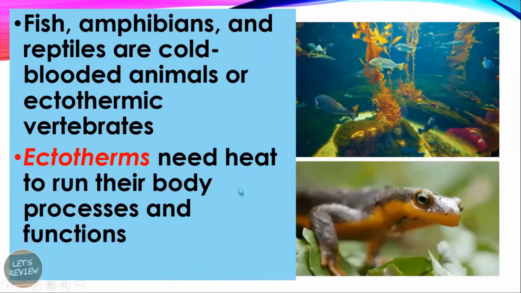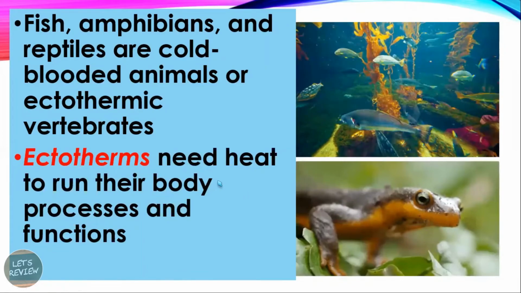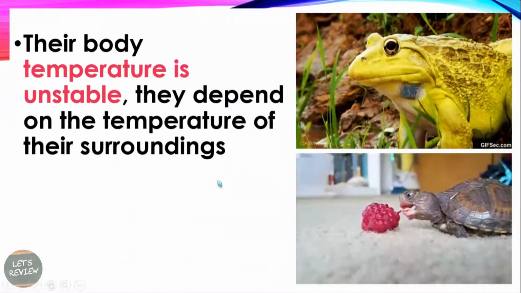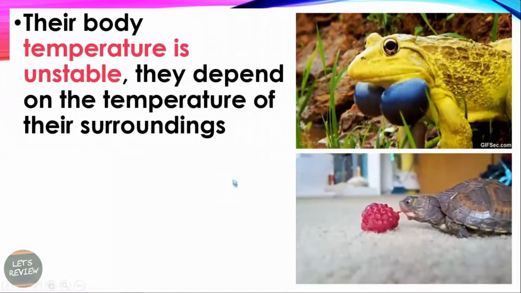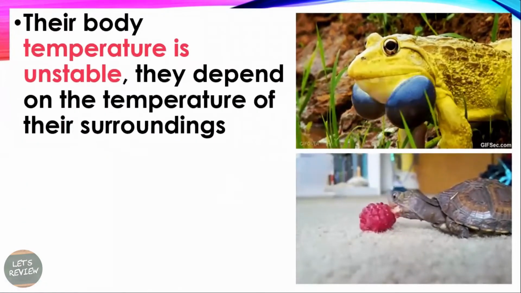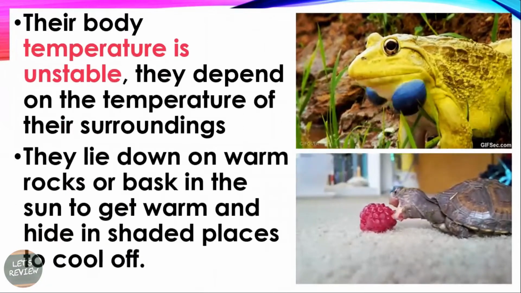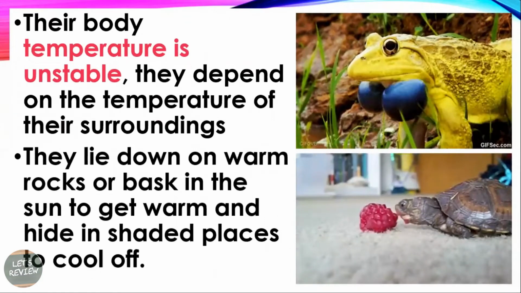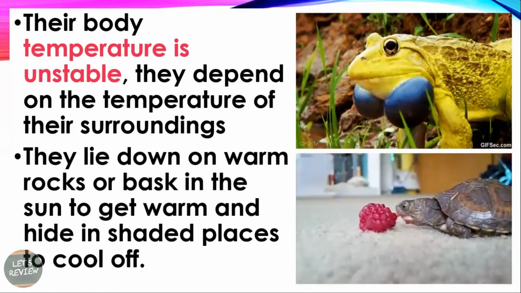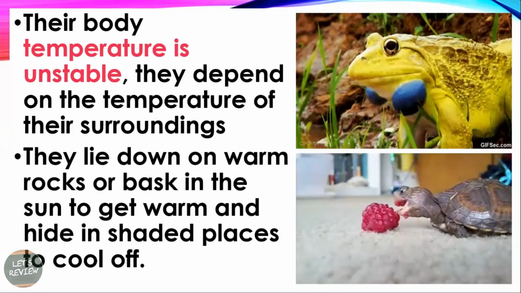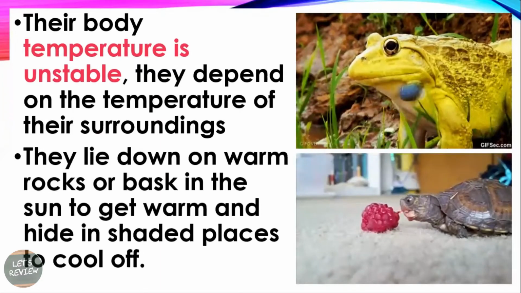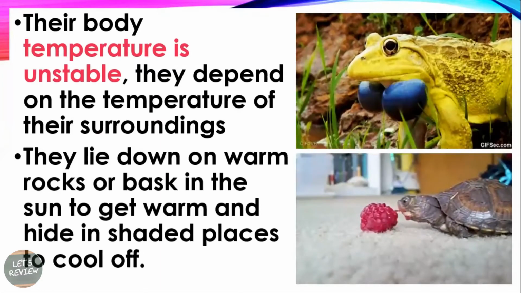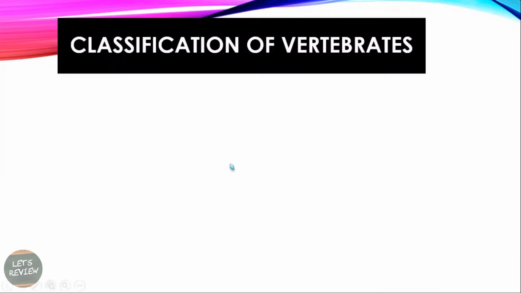They have to find ways to get a source of heat. Their body temperature is unstable. They depend on the temperature of their surroundings, and they lie on warm rocks or bask in the sun to get warm and hide in shaded places to cool off. That is what they need to do. So that's the difference between endothermic and ectothermic.